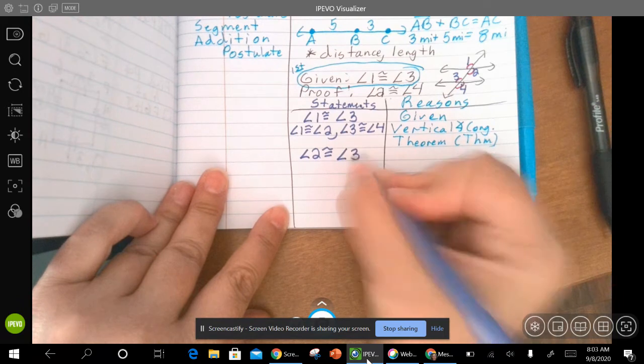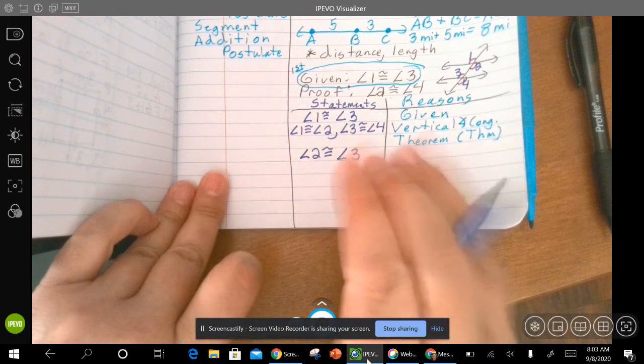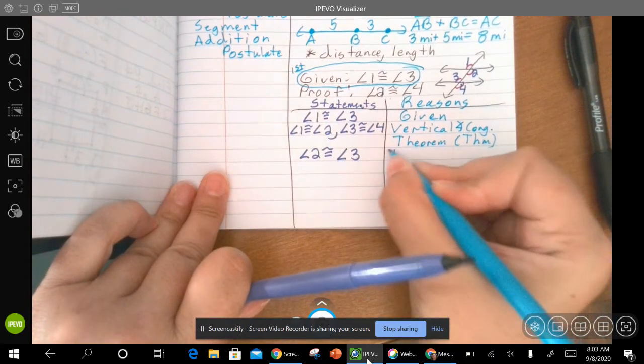Angle 2 is congruent to angle 3, and that's going to be by our transitive property of angle congruence.